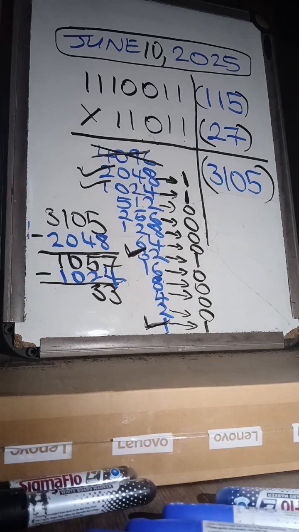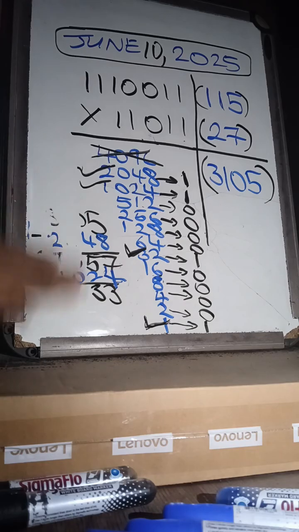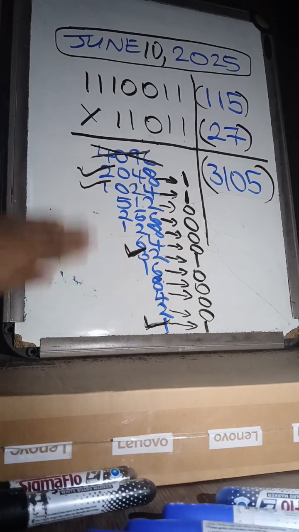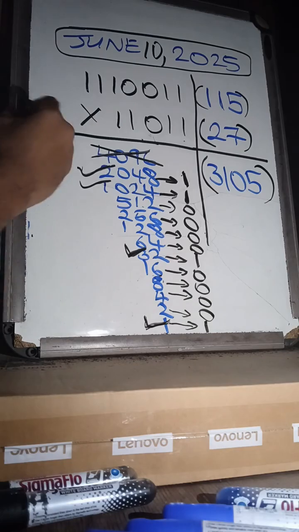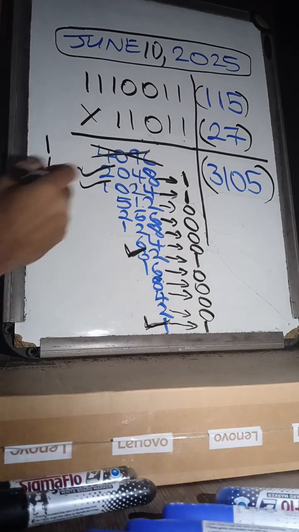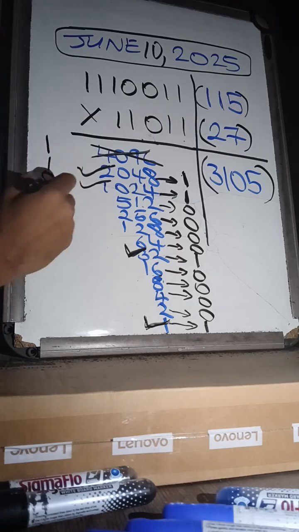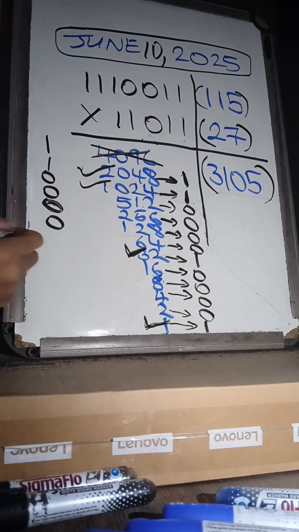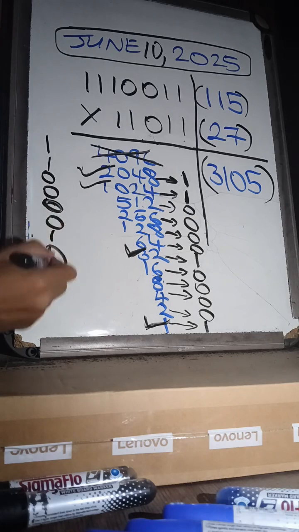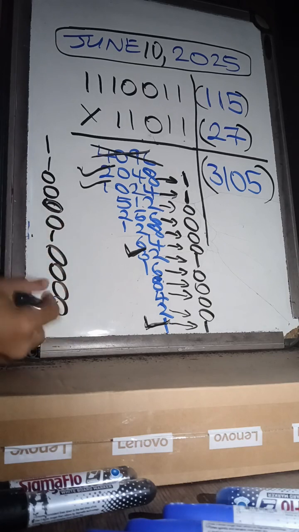Alright. I'm going to write it over here just in case I forget it. So 1 1 with 4 zeros, followed by 1, 4 zeros, and another 1.